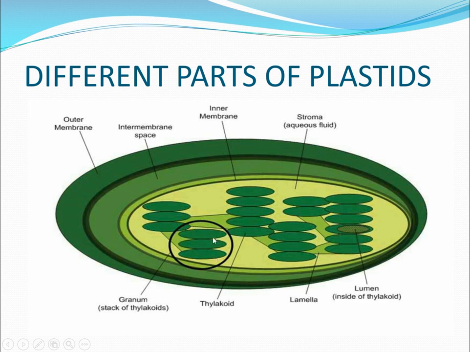The stacks of thylakoids are called the granum. Each thylakoid consists of a lumen, and these stacks of thylakoids are connected to each other by lamella.